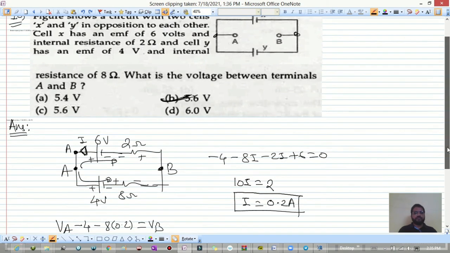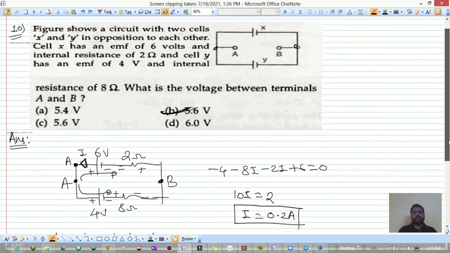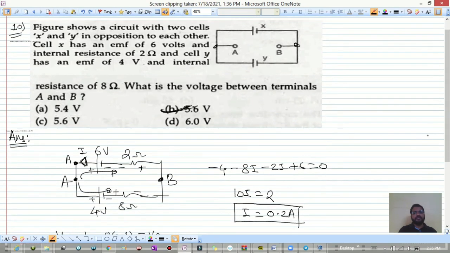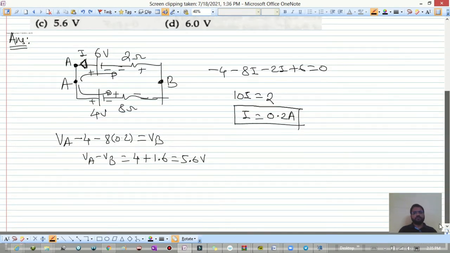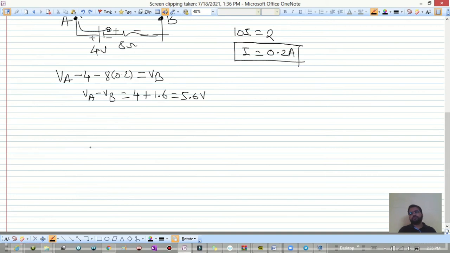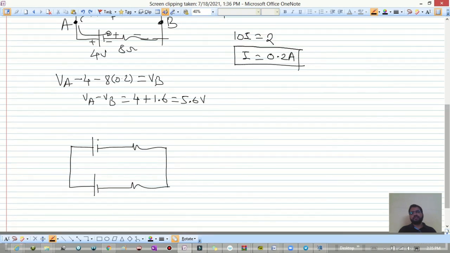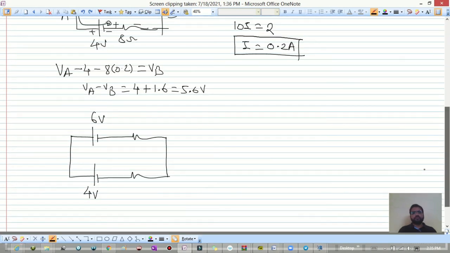Or else you can do it directly also. So see how. I'll just take this as a circuit. This is given as 6 volt. This is given 4 volt, 2 ohm and 8 ohm.